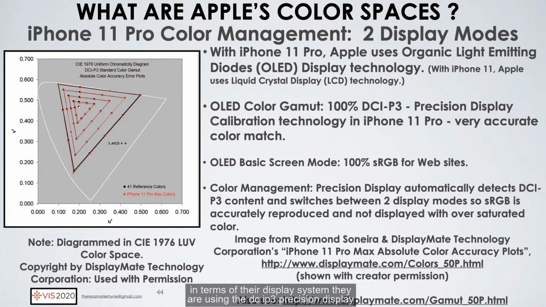Now, in terms of their display system, they are using DCI-P3 precision display technology in the iPhone 11 Pro to get very accurate color matching. It's going to be heavy on the red side. It tends to be a little more reddish, whereas if they had used something based around Adobe RGB, it would be a little more greenish.